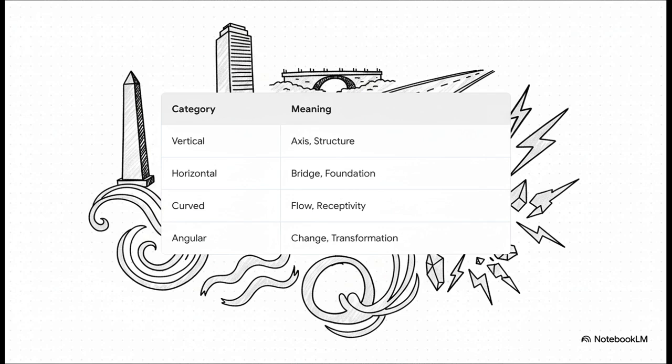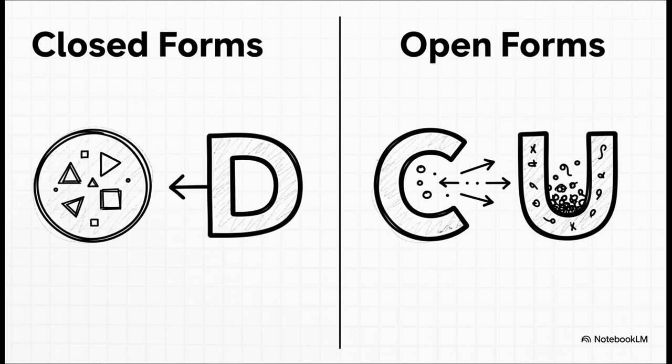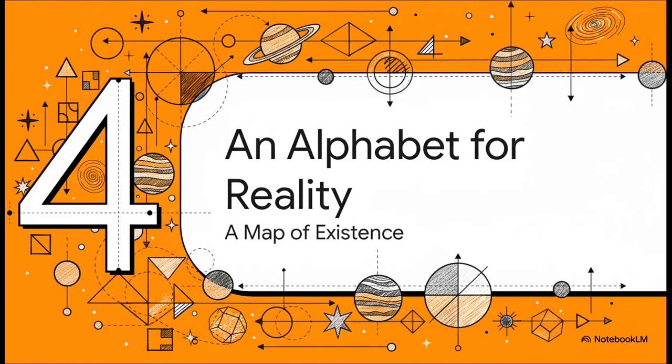Curved forms give you that sense of flow and receptivity, while the sharp angular forms feel like dynamic change and transformation. This language also makes a neat distinction between closed and open forms. The closed shapes, like O or D or B, feel like containment, like completion. But the open ones, like C or U, feel receptive, full of potential, like there's still room for something to enter.